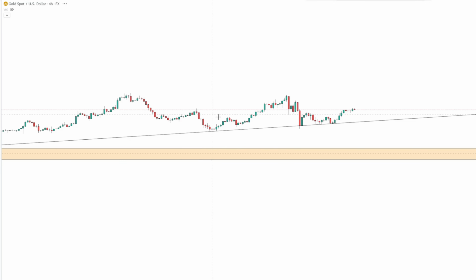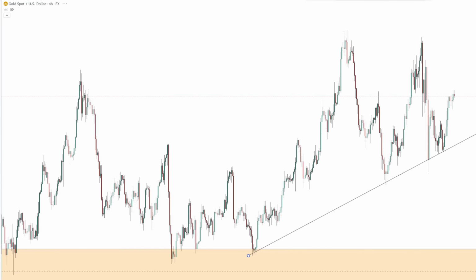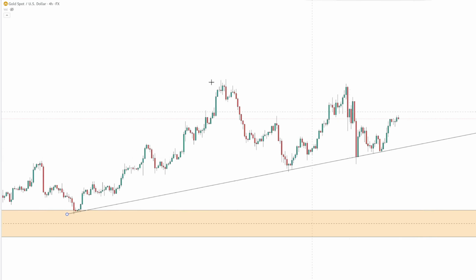Let's jump on a 4-hour time frame to see what we have. Again, if we start to draw the trend lines, we can see that we have a breakout and a test. Also, of course, another rejection on the trend line, which was on the daily time frame. So you can see this top didn't break the previous one, and the bottom also didn't break the previous one.